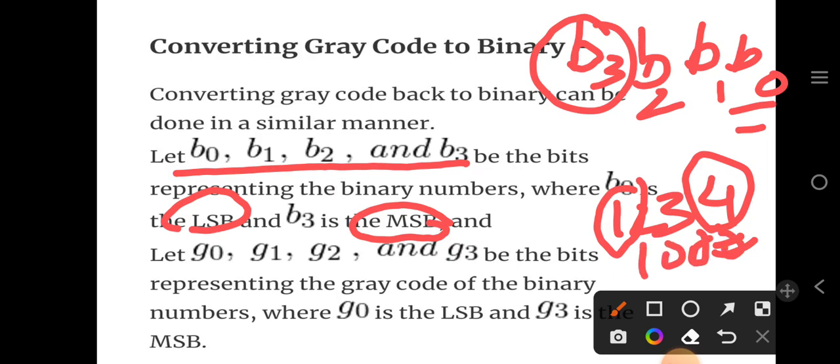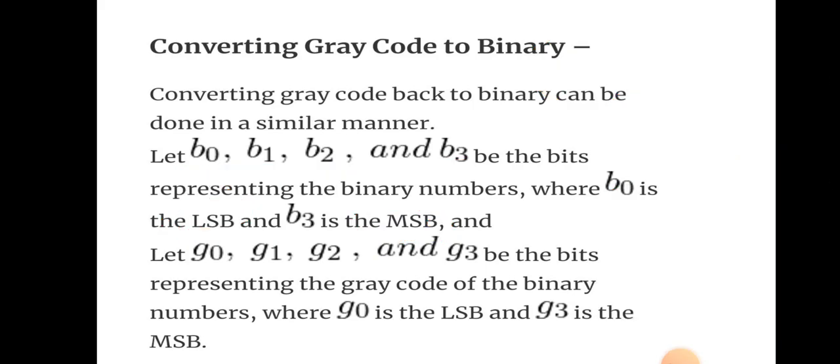So it has the maximum weightage, so it is called the MSB. I think the LSB and MSB is a very basic concept. From this example you can clearly understand the LSB and MSB. Now let G0, G1, G2 and G3 be the bits representing the gray code of the binary numbers, where G0 is the LSB and G3 is the MSB.